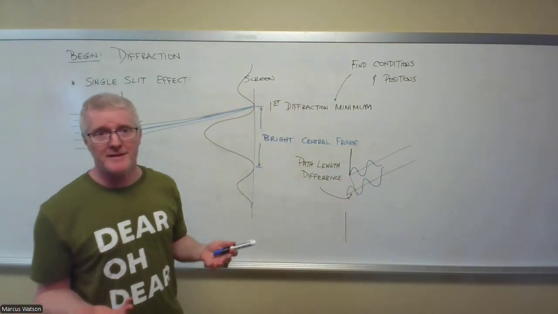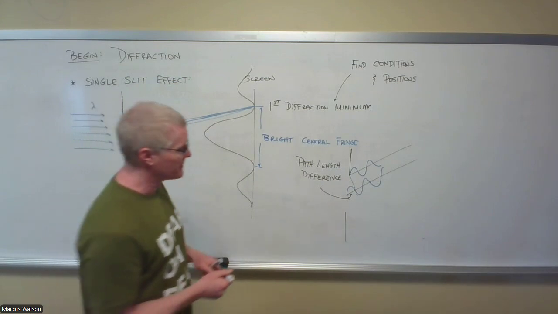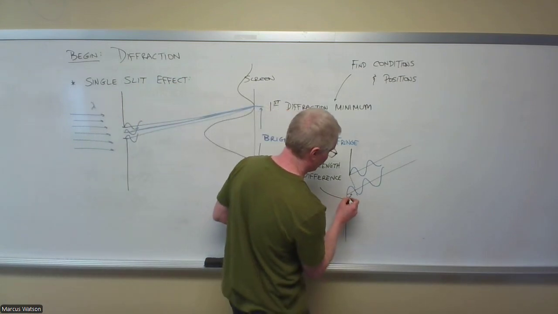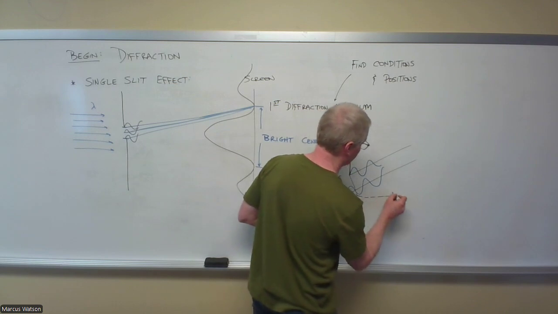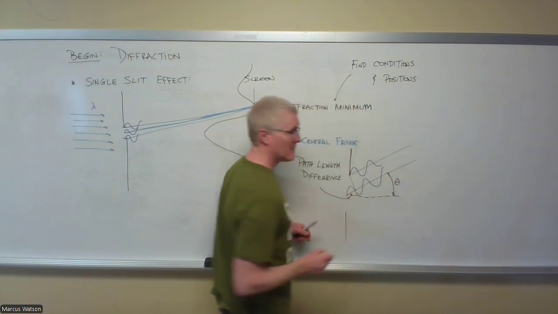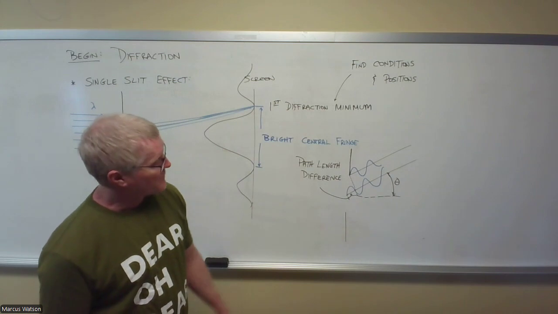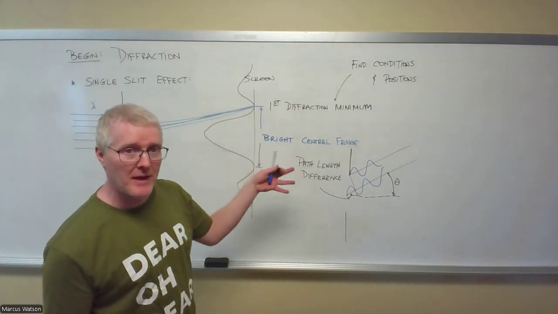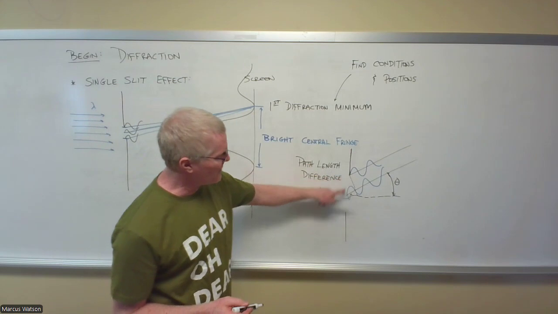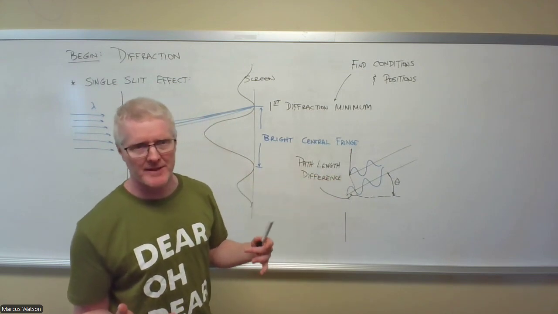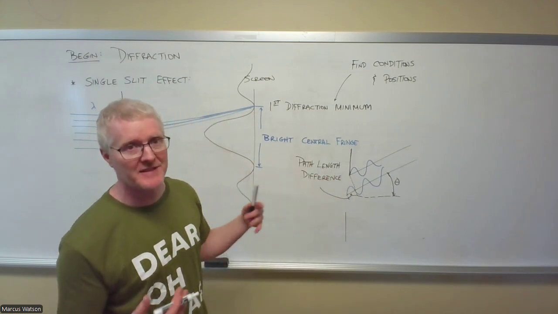I'm going to employ the exact same techniques as I did before. The angle coming off here, theta. Now notice I am at halfway down the slit, so really now the path length difference isn't d sine theta or anything like that. It's half of the width of the slit.